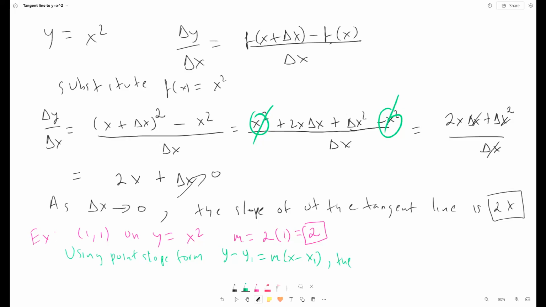Then y minus, using the point, that will be minus 1, is equal to, plugging in the slope, 2, times x minus 1.